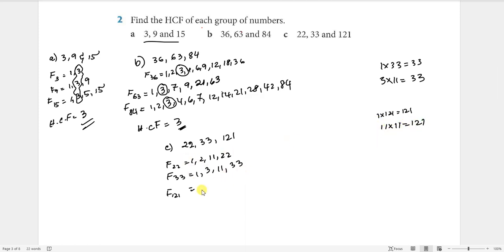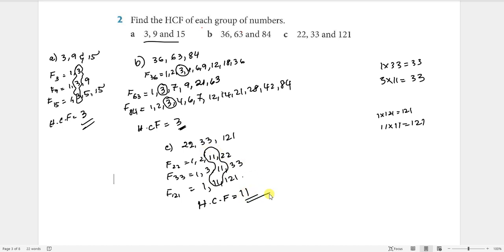So we have, sorry, we have 1, 11, and 121. Hence HCF is equal to 11.